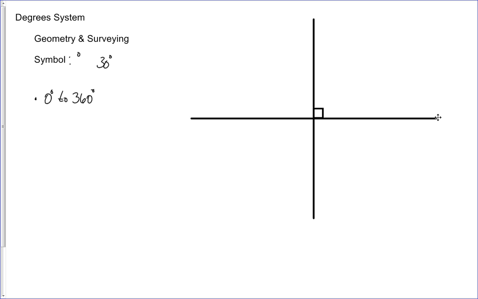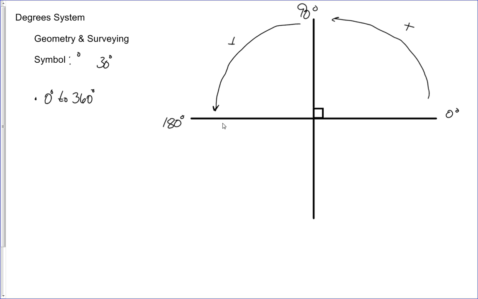So you always start here. This would be 0 degrees, straight up, going in this direction. Remember, this is going in the positive direction, so this would be positive. This is 90 degrees, heading on around, this will be 180 degrees.